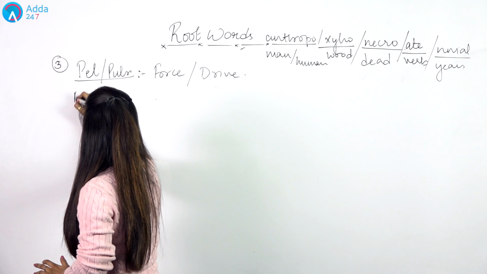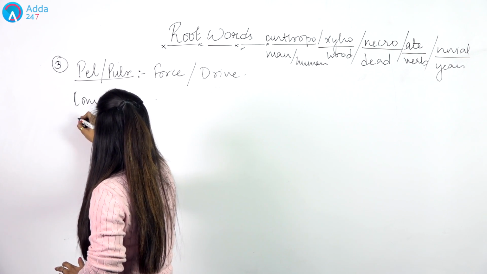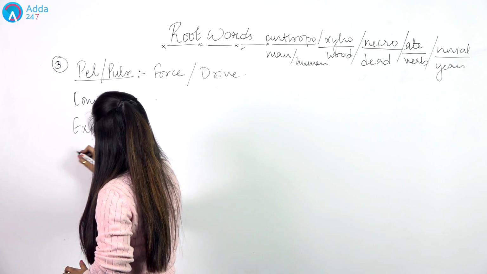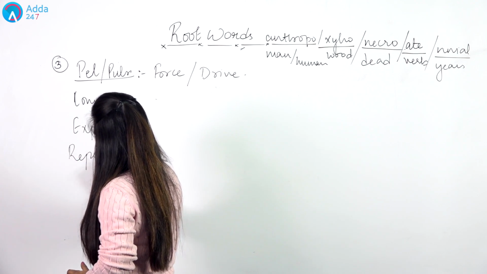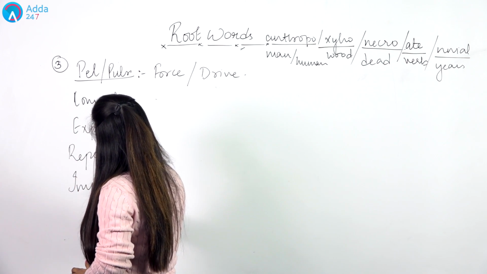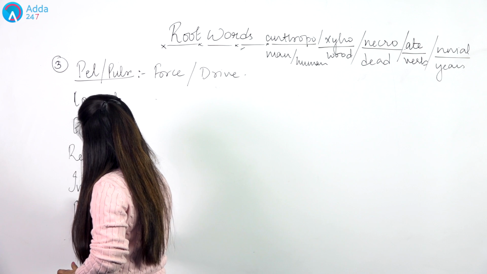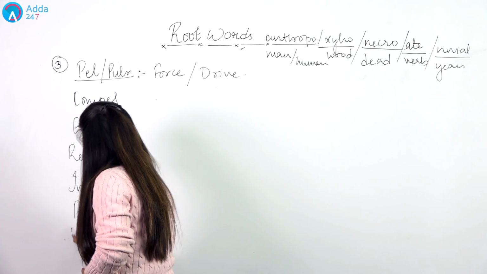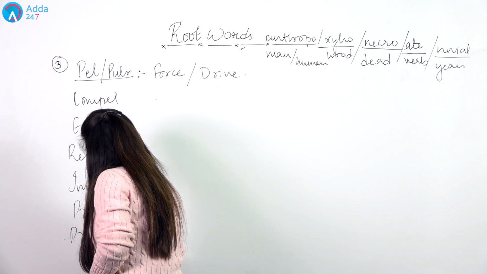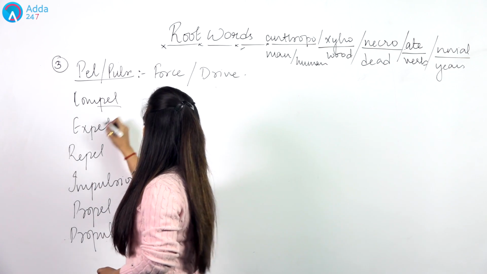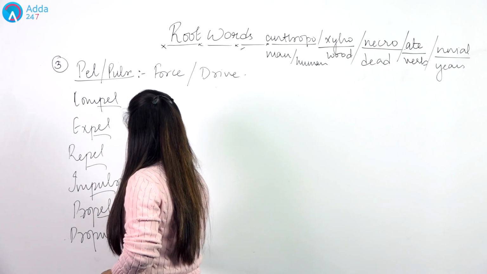We have the word compel, we have expel, we have repel, we have impulsion, we have propel, we have propulsion. Now see, each word has pel or puls in it.